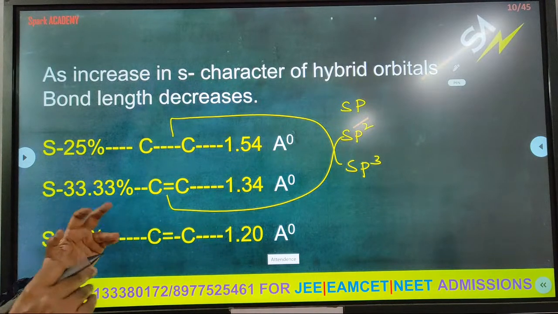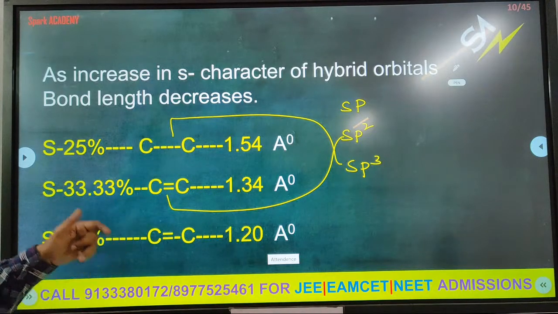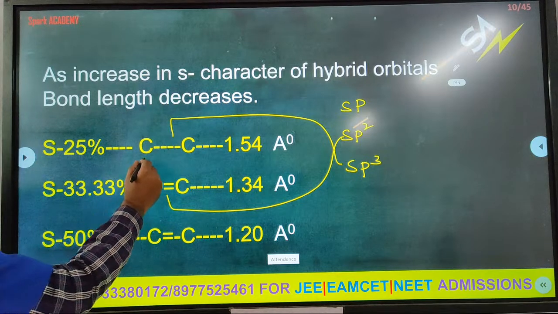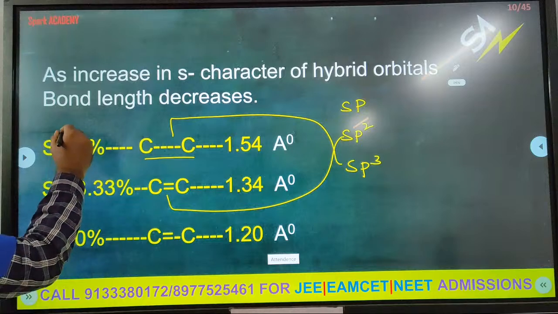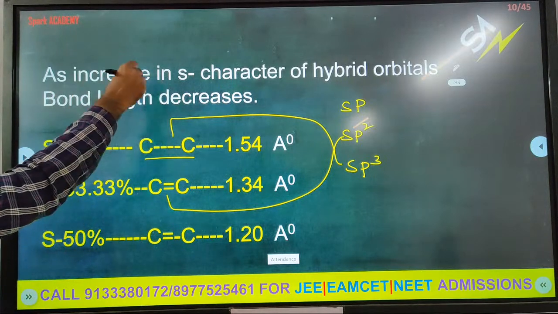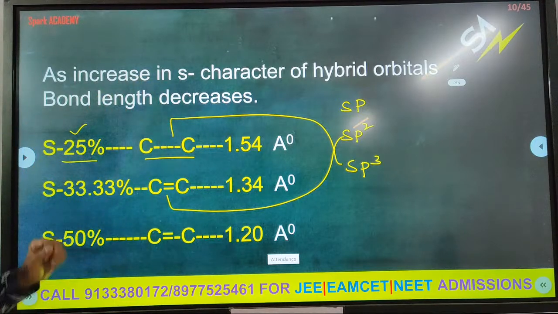Now, why did I explain bond order here? The bond order is related to the S character. In the case of sp3 hybridization, the S character is 25% because as the S character of hybrid orbitals increases, the bond length decreases.